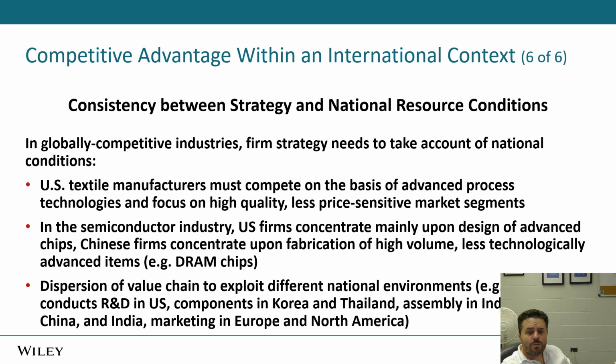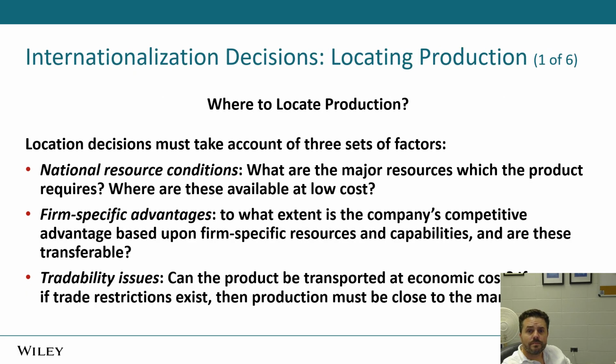And how do we do this? Well, we can have globally dispersed value chains. Locate those value chain activities in the countries that have a competitive industry for them. So how do we decide where to locate production? Well, we'll think of the national resource conditions.